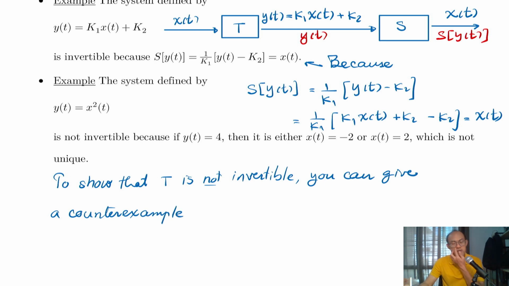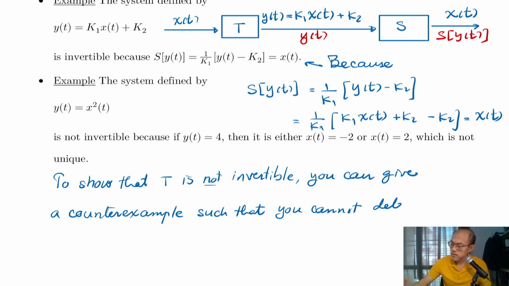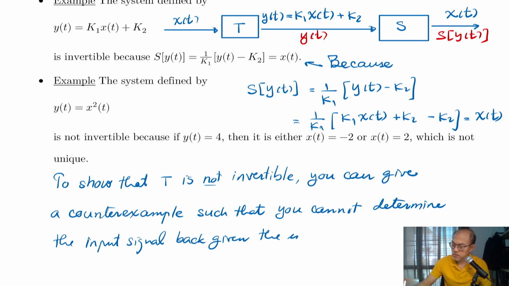A counterexample is a particular input signal such that you cannot determine the input signal back given the information about the output signal.